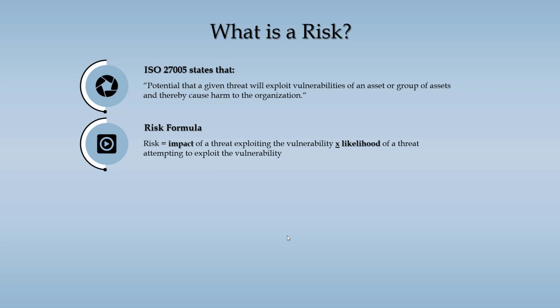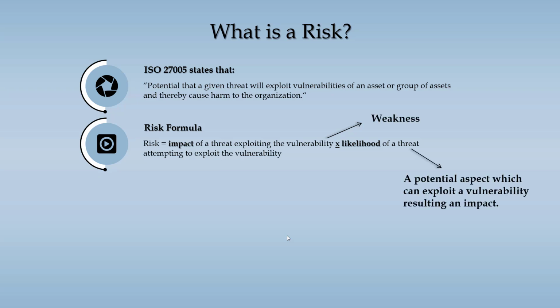This is a well-coded formula across books and various literature, that risk is equal to the impact of a threat exploiting the vulnerability multiplied by likelihood of a threat attempting to exploit the vulnerability. So vulnerability is weakness and threat is a potential aspect which can exploit a vulnerability, hence resulting in impact out of it.